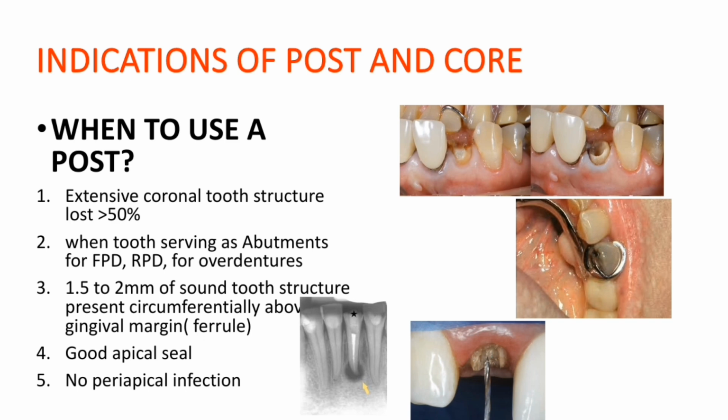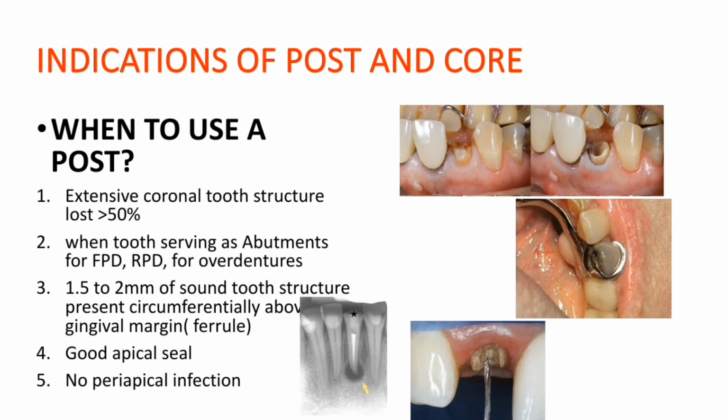Next is when the tooth is serving as an abutment for an FPD, RPD, or overdenture. When the tooth is serving as an abutment, of course it needs more retention and stability, so we can give post and core.